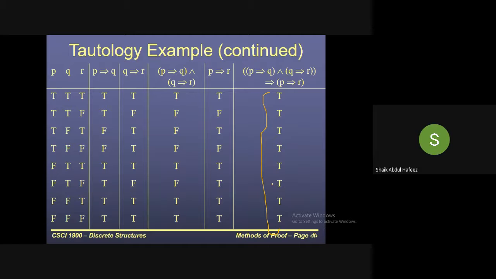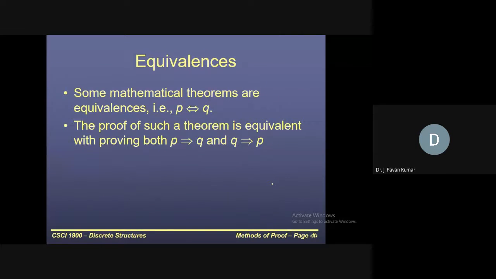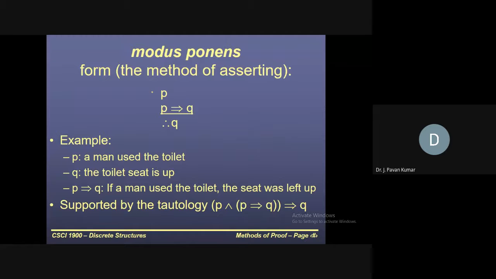Yes, sir. Now consider another important one, that is modus ponens. Here we have P as true and P implies Q is also true. When P is true and P implies Q is also true, then Q must be true. Yes or no?